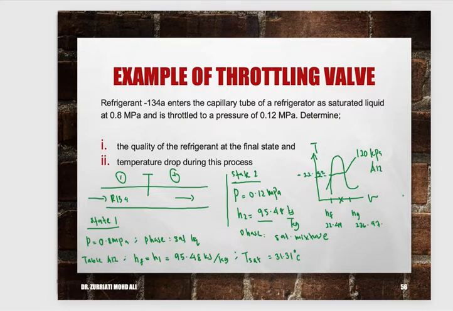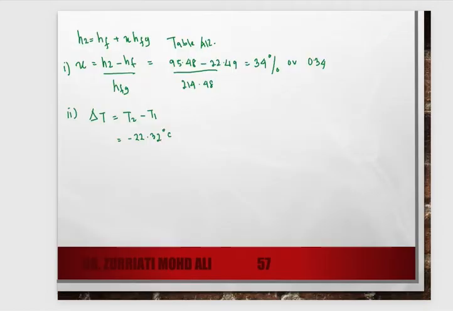Then minus T1. T1 we get from the table is 31.31 degrees Celsius, and then the answer is minus 53.63 degrees Celsius. Okay, as simple as that. Thank you.